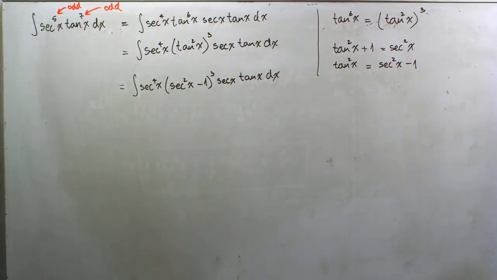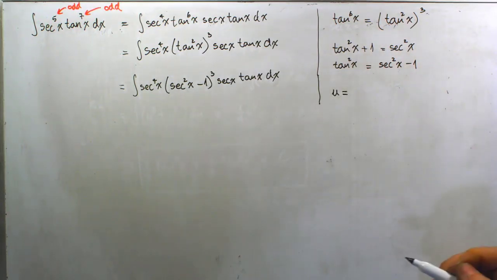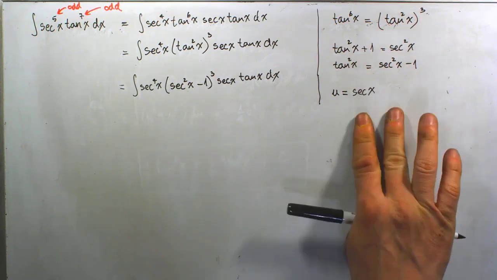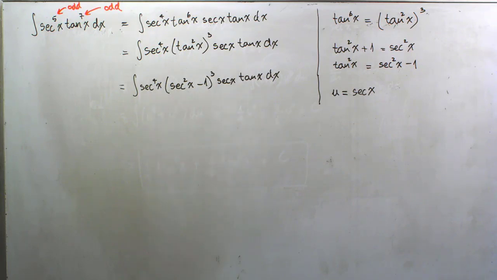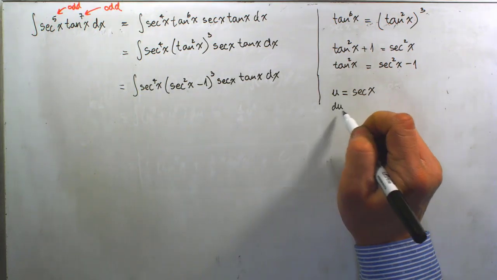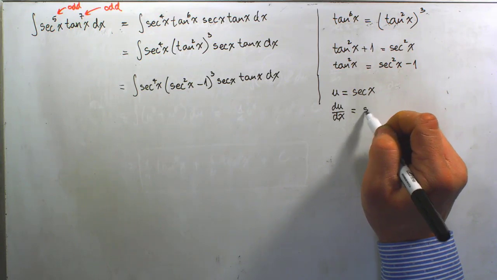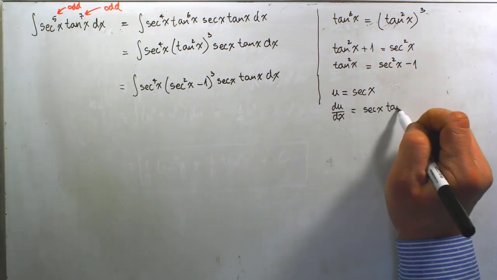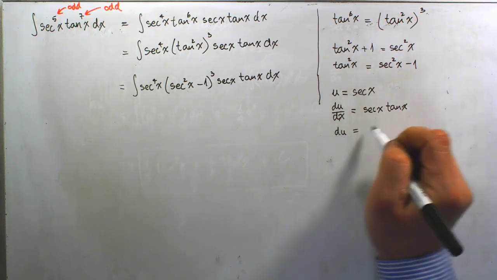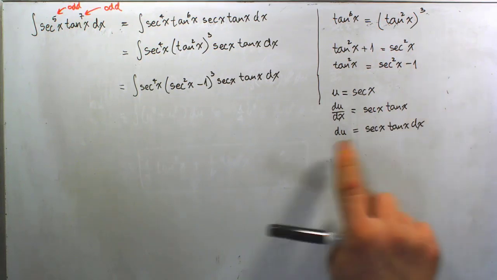Okay, and so now at this point, I am going to take a u substitution where I'm letting u equal secant of x. So everything here is instructed from the general guidelines. Once letting u equal secant of x, then the derivative of u in terms of x, du dx, will equal secant of x times tangent of x, which will in turn give du equals secant of x times tangent of x dx after rearranging the differentials.